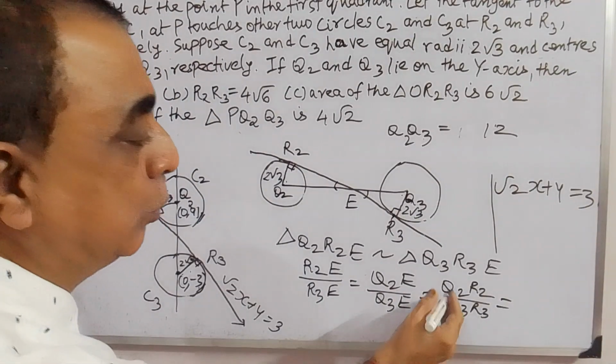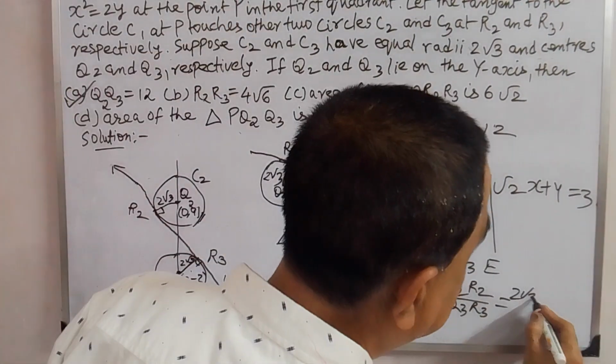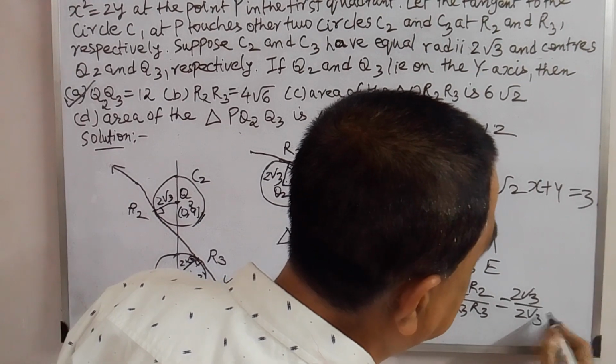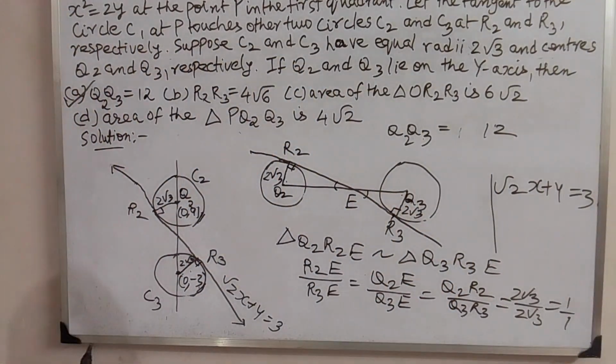These two are both equal, because they are the equal radii, so this is 2 root 3 and this is 2 root 3, that is 1 by 1.